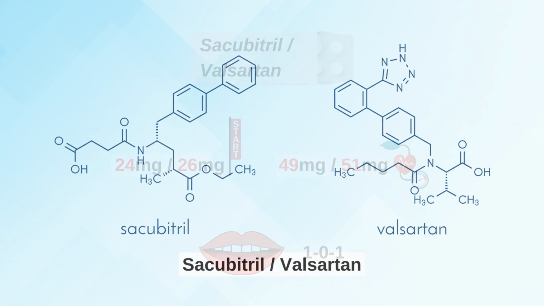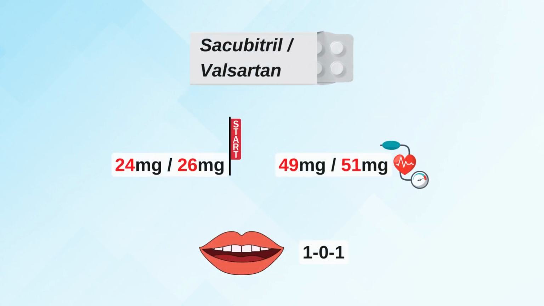And we will have a starting dose of, let's say, 24 milligram / 26 milligram. Or if the patient is having high blood pressure also, then we can start with the 49 milligram / 51 milligram. And we will give that orally twice daily.